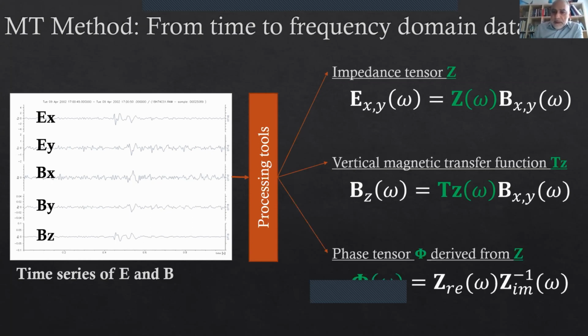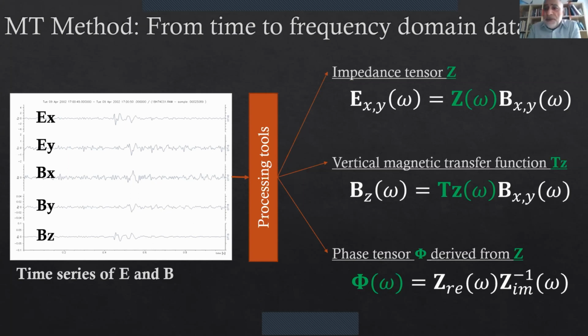The other data type is not directly derived from the time series, but from the impedance tensor, the complex number. You can imagine that the so-called phase tensor is like taking the phase of that complex number. As you can see on that tiny equation, it is the real part of the impedance tensor, derived from the first equation, related to the imaginary part of that component.